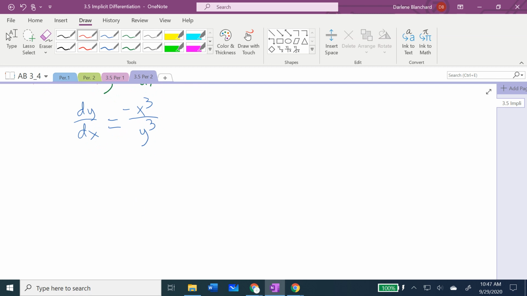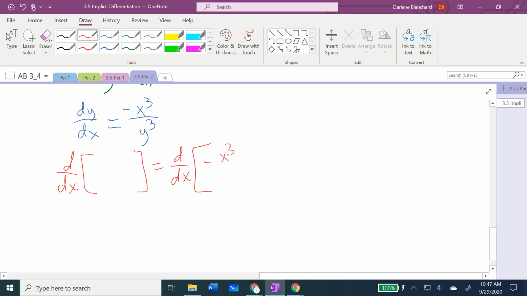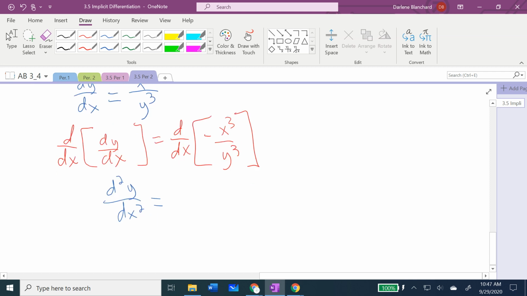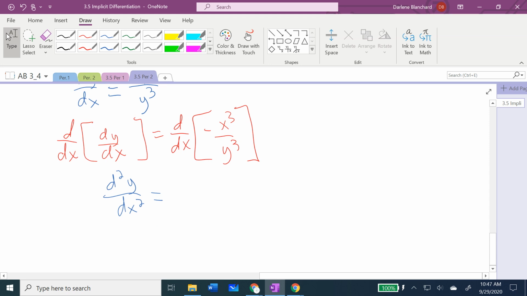So here we go. I am going to take the derivative with respect to x of both sides of my equation. The d dx of dy dx is the second derivative of y with respect to x. On the other side of the equation, I need to use the quotient rule. So I'm going to let the negative go with the numerator.